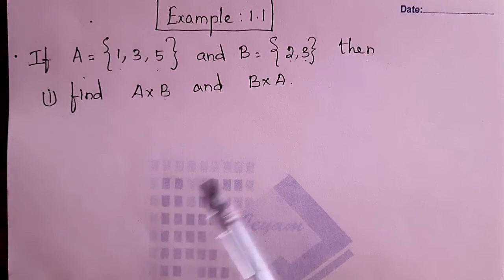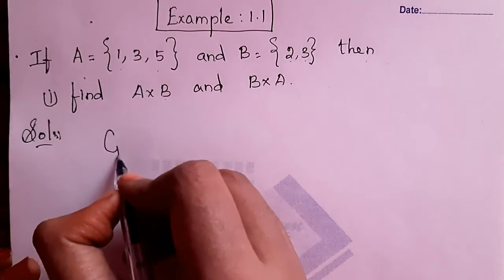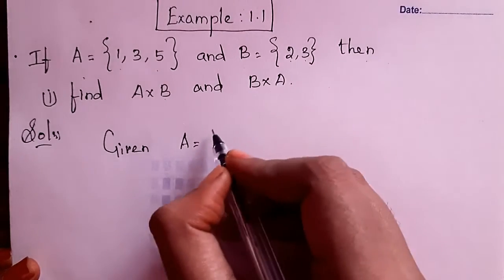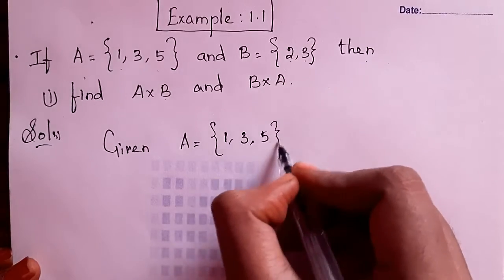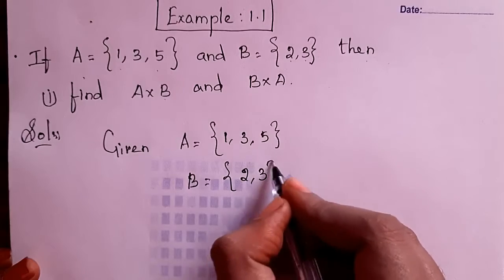Okay. First we write the given. Given A equals {1, 3, 5} and B equals {2, 3}.